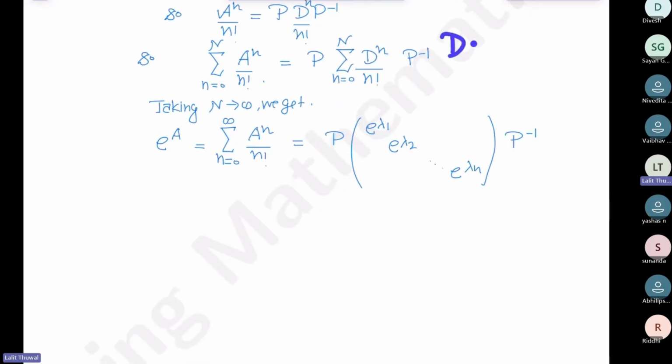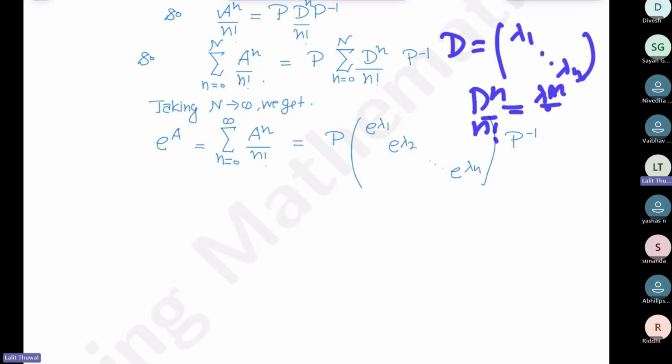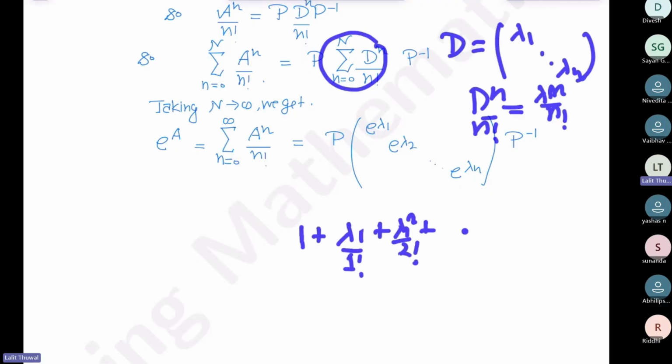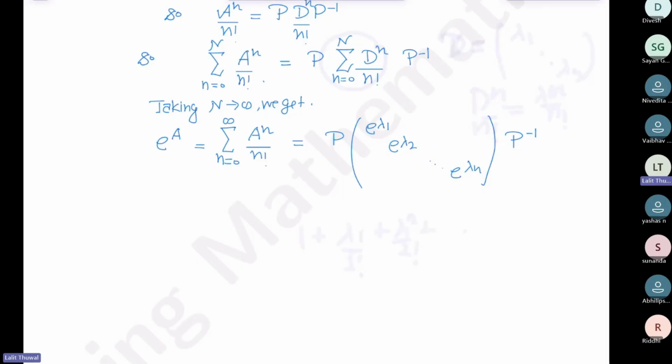If you assume that D is diag(lambda 1, ..., lambda n), then you know that D to the power n by n factorial is lambda to the power n by n factorial. So this sum looks like 1 plus lambda 1 by 1 factorial plus lambda 1 square by 2 factorial and so on. As n tends to infinity, it becomes e to the power lambda.